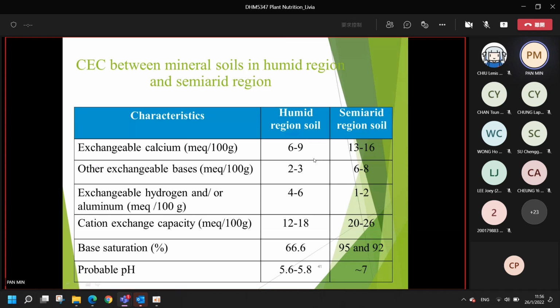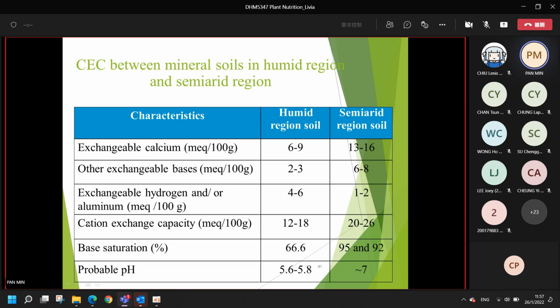You can see the exchange level for calcium is higher in the semi-arid region. So the weather and humidity will also affect these characteristics of the soil.